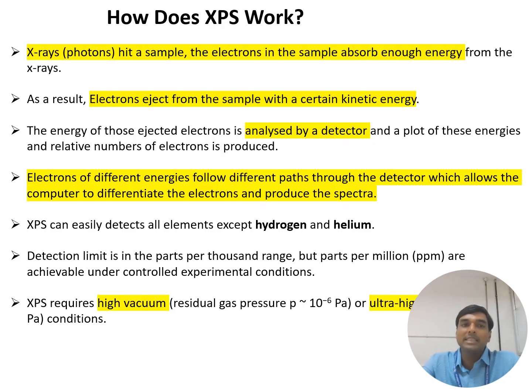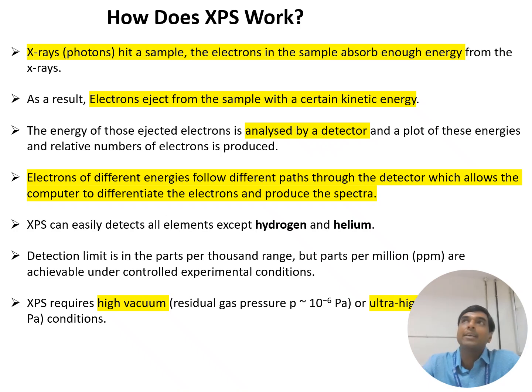The energy of these electrons is measured by the detector, and their elemental compositions, energies, and oxidation numbers can be defined.